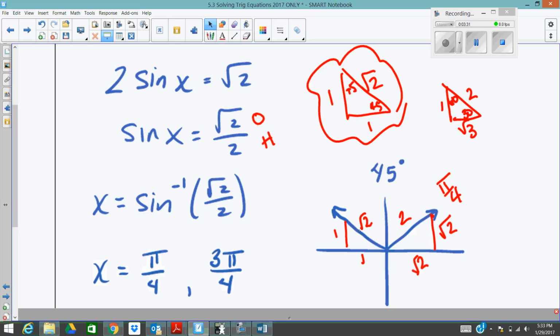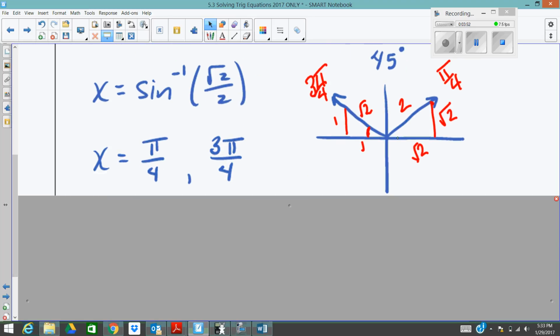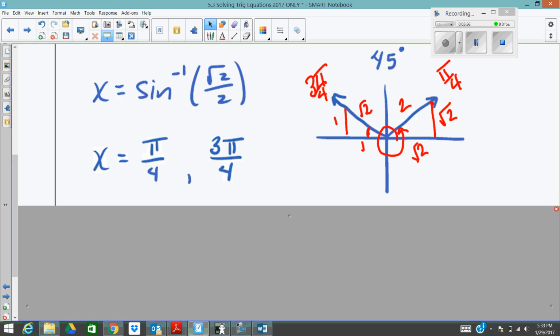And this angle here is going to be 3 pi over 4, which you can get by doing pi minus pi over 4. So those are two specific angles within the domain of 0 to 2 pi. To find the general solutions now, we're going to have to get back there by adding 2 pi.